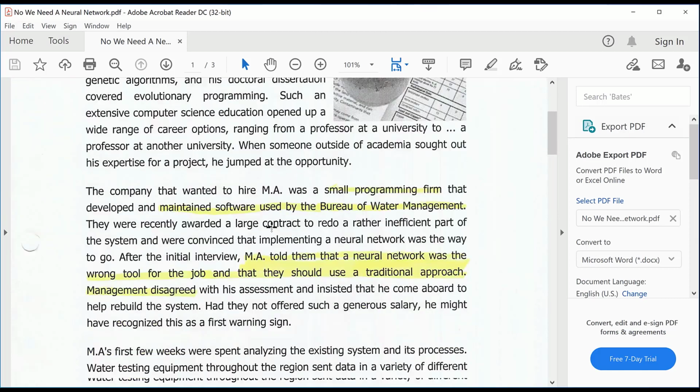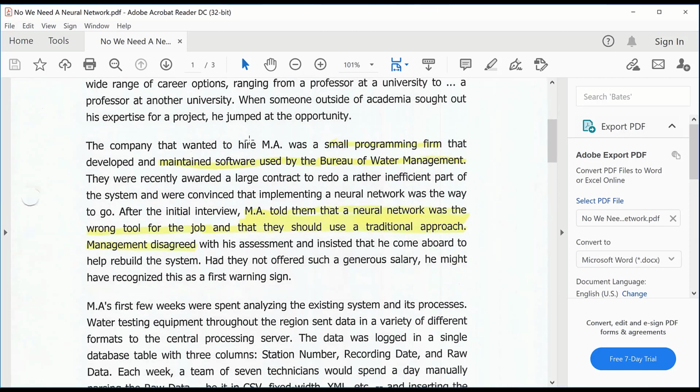The company, which will remain nameless, a small programming firm that maintains software used by the Bureau of Wastewater Management, wanted to hire him. They said, we want you to create a neural net to manage this database that we have of the water management. He looked at it and said, neural networks are not the right tool for this job.